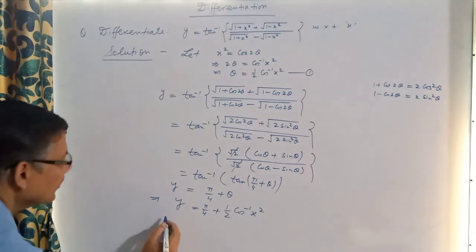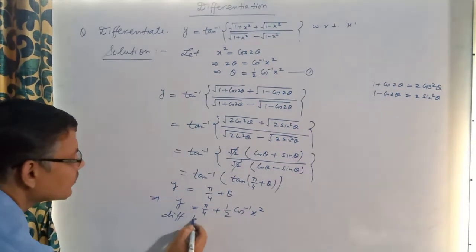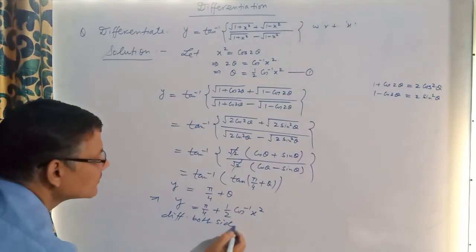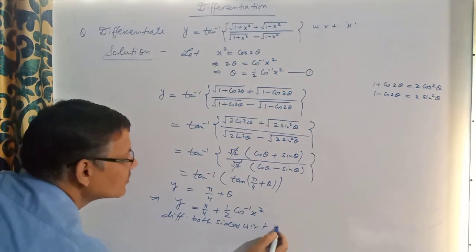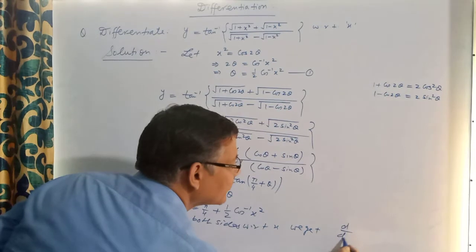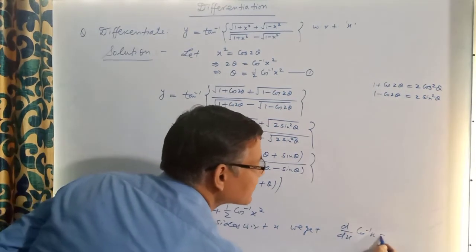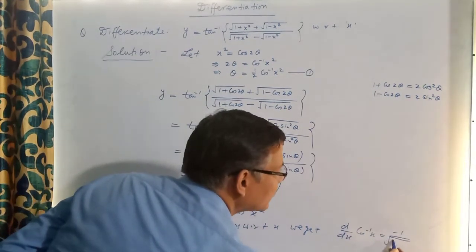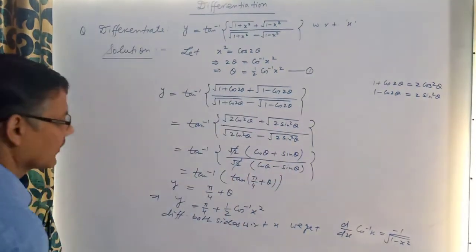Now differentiating both sides with respect to x, we are supposed to use the formula: derivative of cos inverse x is equal to minus 1 by root over 1 minus x square.